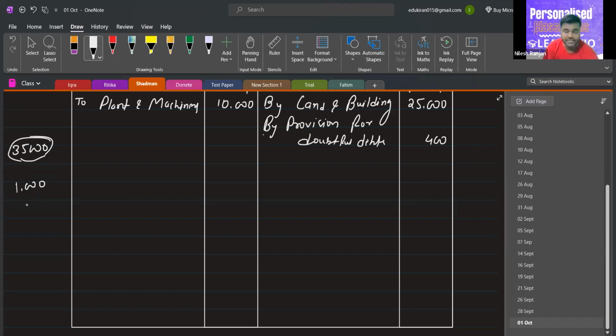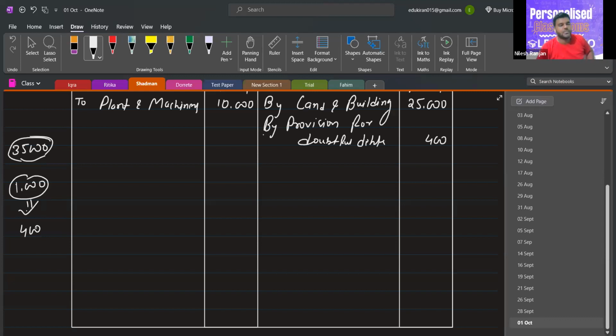So you thought in the past that they will not pay you, but at present you are thinking that they will pay you. Means 400 in this 1,000 is now good, not doubtful.